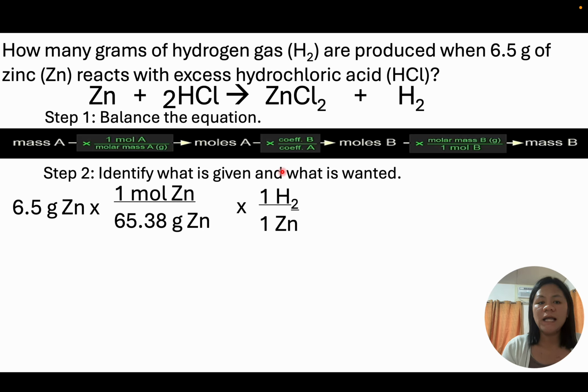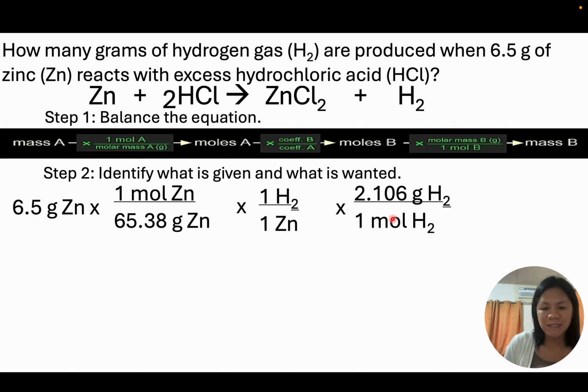Now, the remaining element that we need to find is the hydrogen. So we multiply that by the molar mass of H2, which is 2.016. Of course, we put 1 mole on the bottom so we can cancel this.